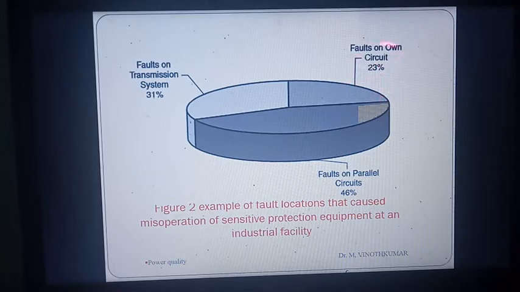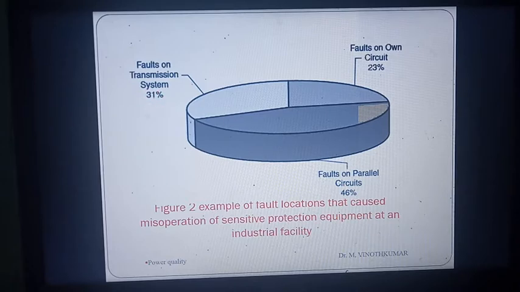Own circuit means the industrial side; this is an industrial statistical report. The customer's own equipment has 23% accountability for faults. When parallel line faults occur, the accountability is about 46%, and for transmission system faults the accountability is 31%.